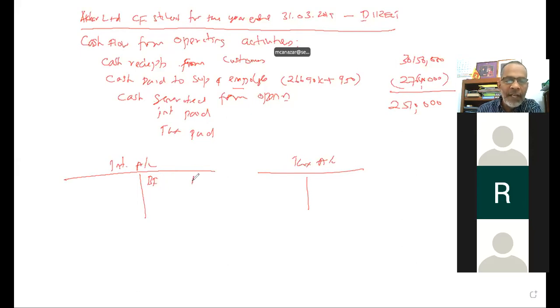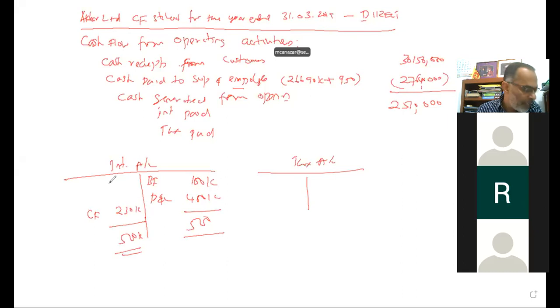We have 100,000 as the carried forward balance of interest, 230. The P&L account, they have given 400,000. Therefore the total will be 500. Here also 500.